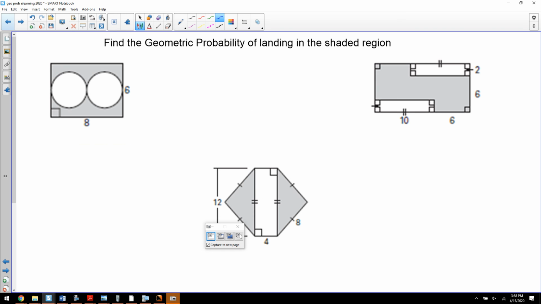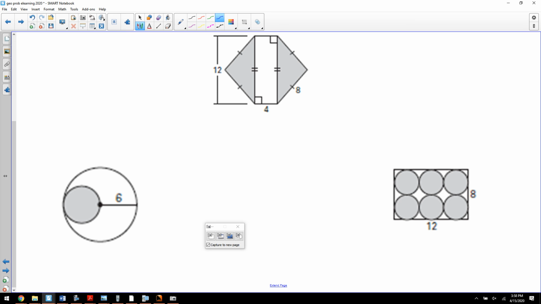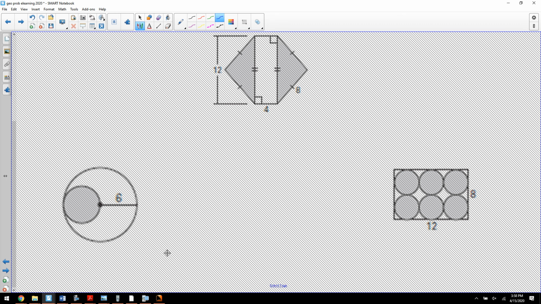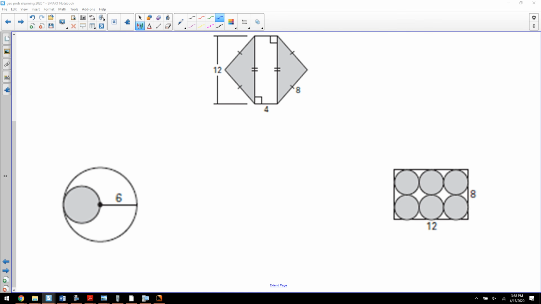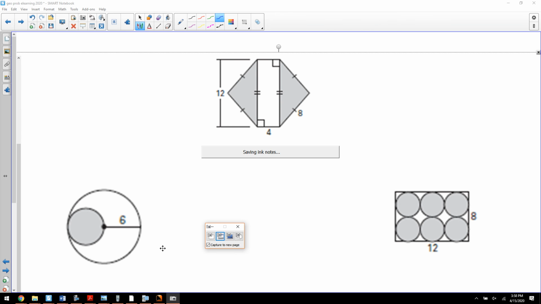We'll go back here. The third one was actually, sorry, I have to reset this here. I got this out of order here. The third one was the circle. It was weird. Third time's a charm.